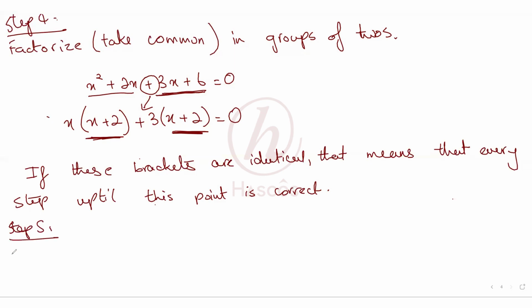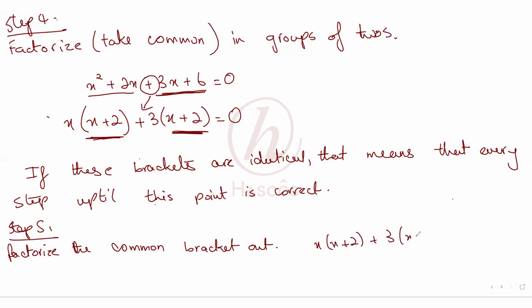Now in step 5, we need to factorize the common bracket out. We're going to rewrite the finalized equation from step 4, x into x plus 2 plus 3 into x plus 2 equals 0.